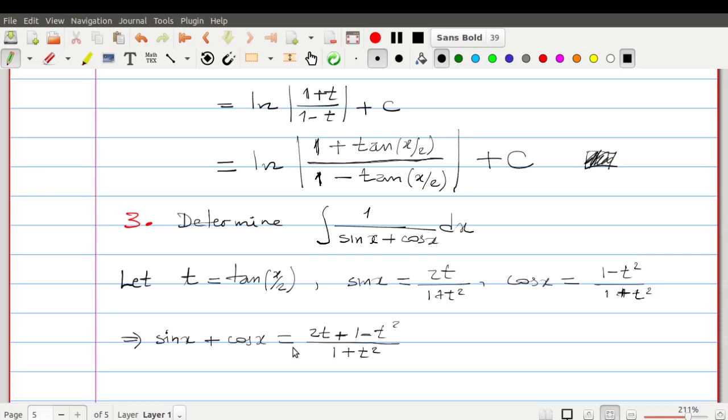Now what we need to do here, we need to compute our dx, and the reciprocal. So this implies that the reciprocal 1 by sine x plus cosine x will be equal to 1 plus t squared by this expression.